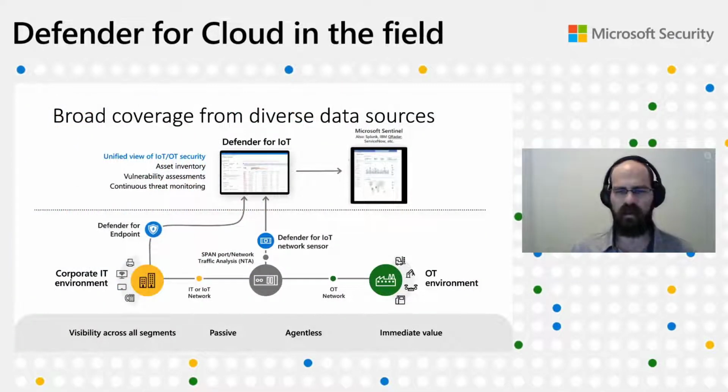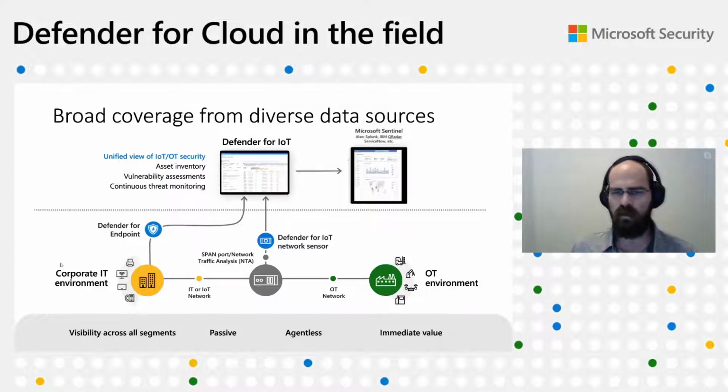Yeah, so just to explain in a more graphical way where we sit in the network and how the solution works. Basically, like I said, not only is it agentless, but it's not active in the network. It's a passive solution, and that's really important for a lot of our customers. So within your IT environment, you have different solutions like Defender for Endpoint and other solutions.